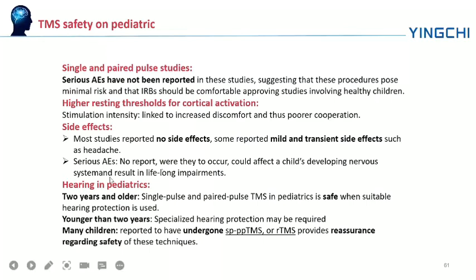And for hearing in pediatrics, patients younger than 2 years may need specialized hearing protection. And for patients older than 2 years, single pulse and paired pulse TMS is safe. Many children are reported to have undergone single pulse, paired pulse TMS or rTMS, and this also provides reassurance regarding the safety of these techniques.